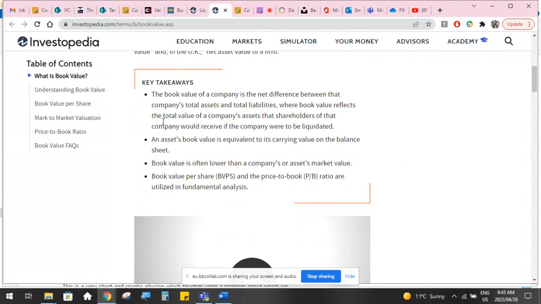So the book value reflects the total value of a company's assets that the shareholders of that company would receive if the company were to be liquidated. So we take an asset's book value as being equal to its carrying value on the balance sheet. So that's easy enough. You don't have to make any adjustments, just the carrying value. You just have to be able to identify those assets correctly minus the liabilities, just to do your calculations correctly.